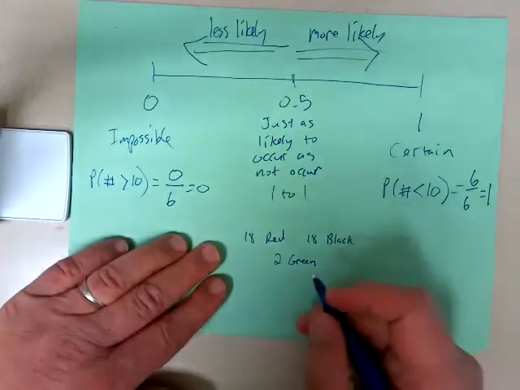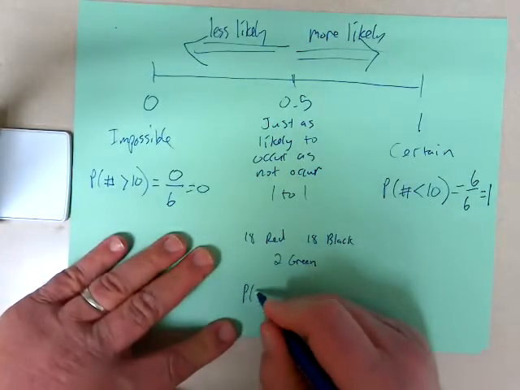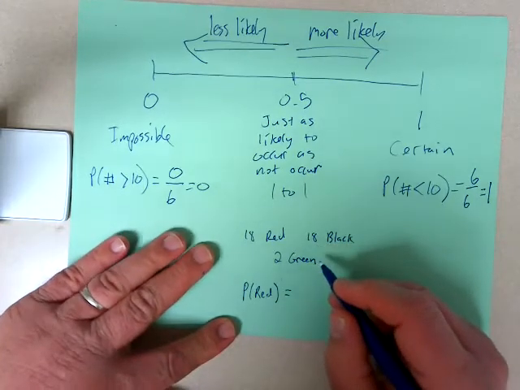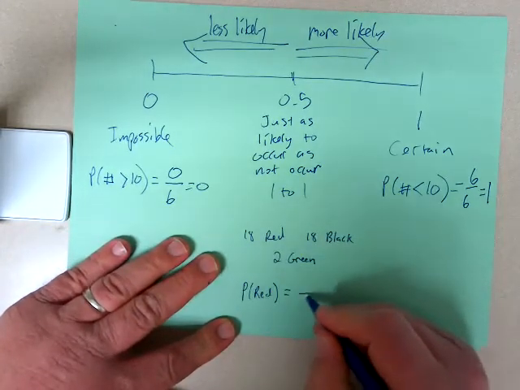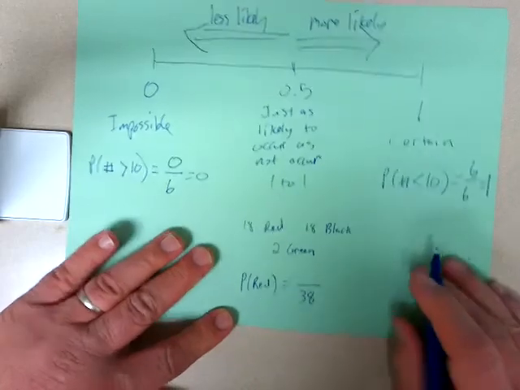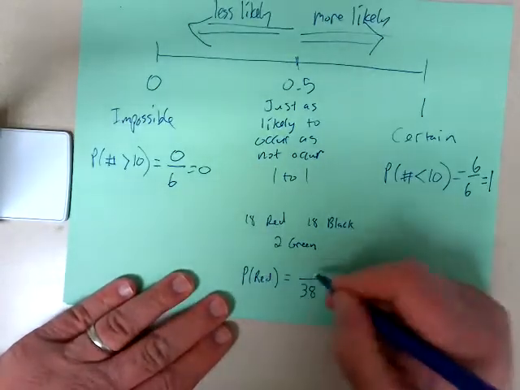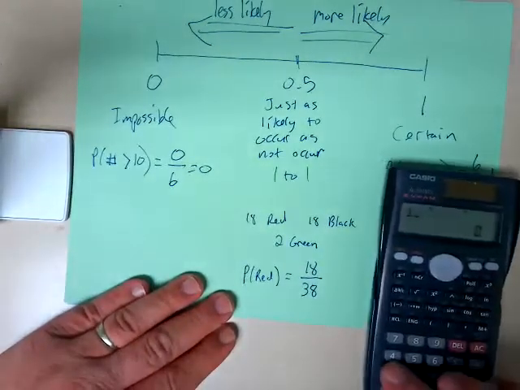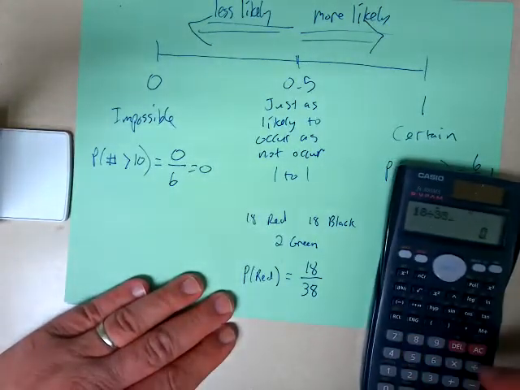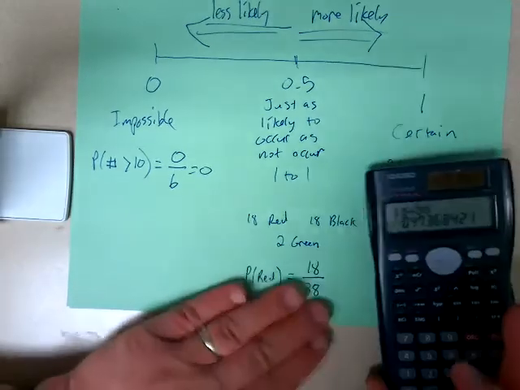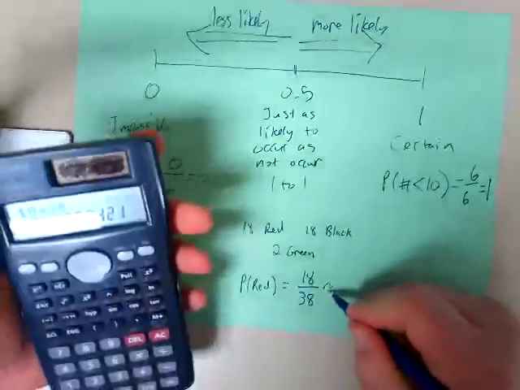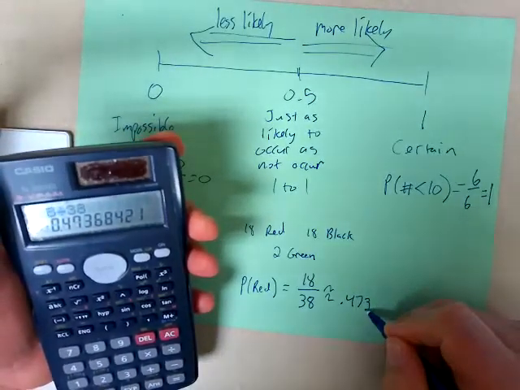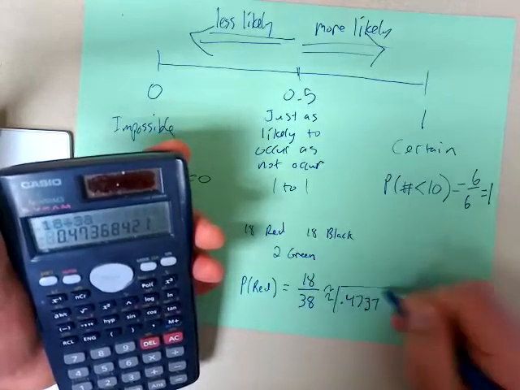So you add all these up, and the bottom number is really 38 possibilities. For red, 18 of them are red. 18 divided by 38 is approximately 0.4737 if I round to 4 decimal places.